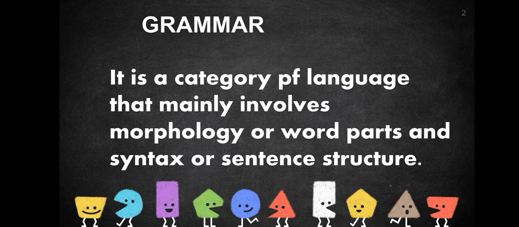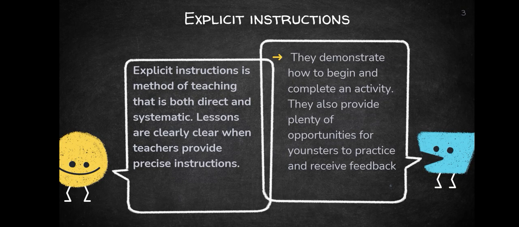So, explicit instruction is a method of teaching that is both direct and systematic. Lessons are clear when teachers provide precise instruction. They demonstrate how to begin and complete an activity. They also provide plenty of opportunities for youngsters to practice and receive feedback.